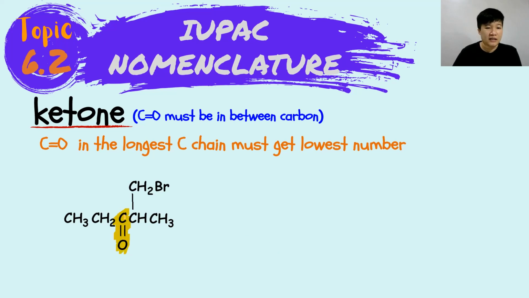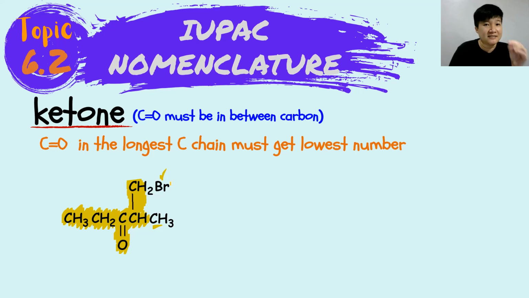Another example, starting with the C double bond O again. On the left hand side, moving all the way to the left because there are no branches. On the right hand side, moving to the carbon and then having branches. Same number of carbon, but going up right will give you more substituents due to the presence of bromo.